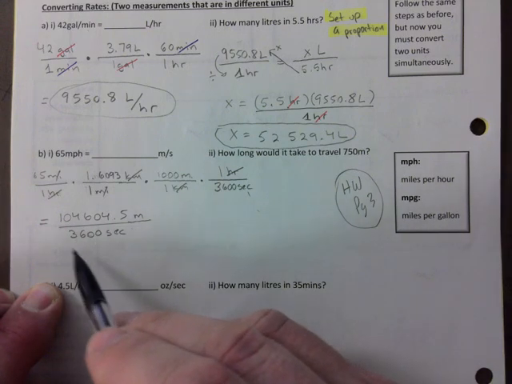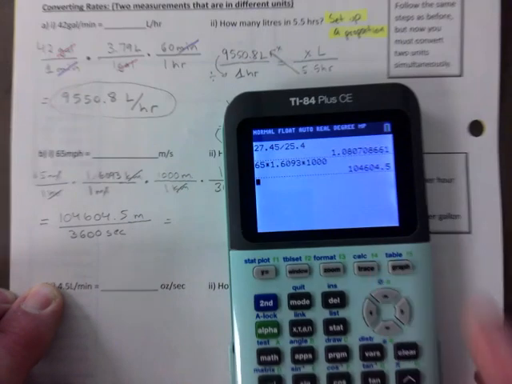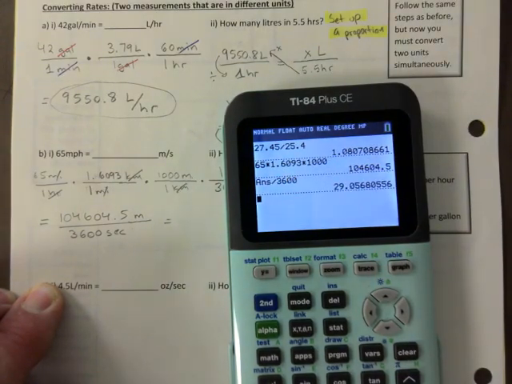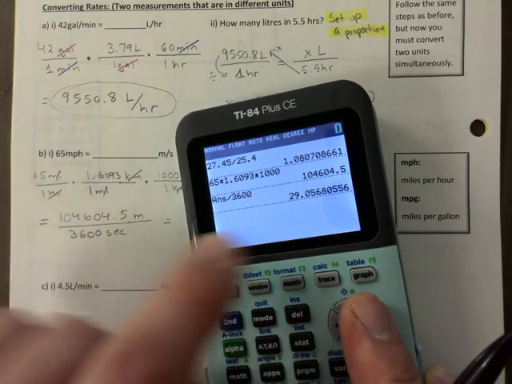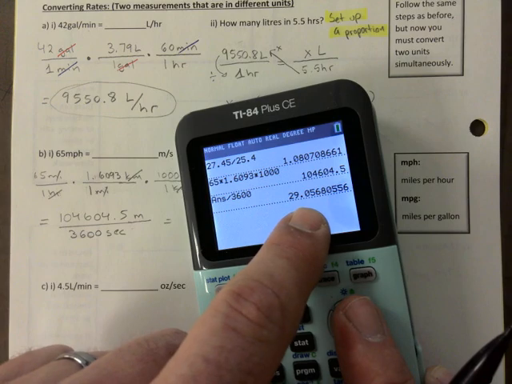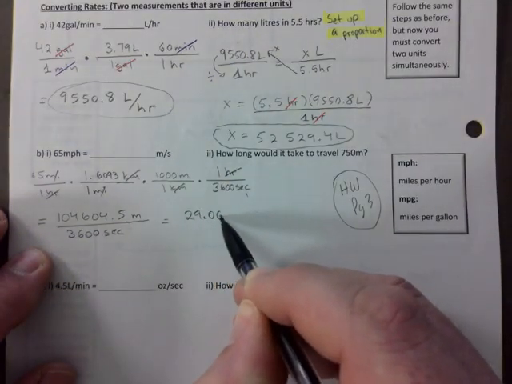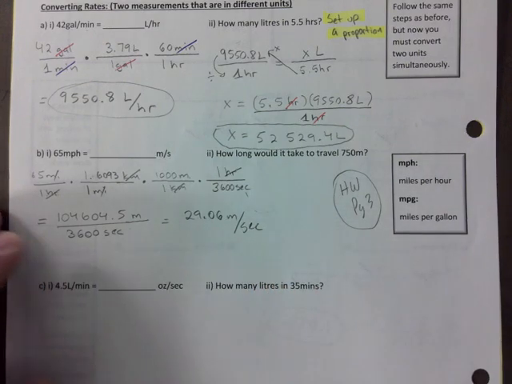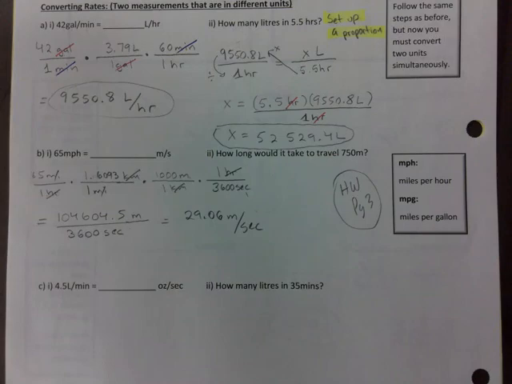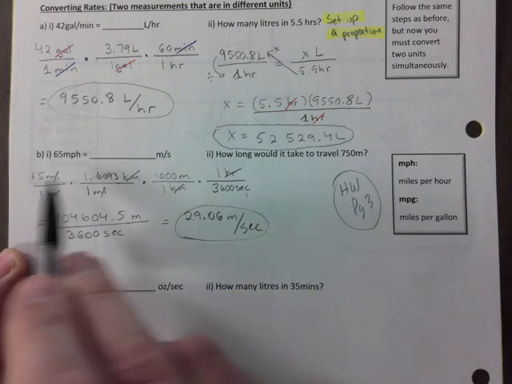You want a 1 down here, right? So dividing is the way to accomplish that. At this point, you'd round to 2 decimals, so 29.06 meters per second. That is your speed there. Hey, I got it right. So that's your answer for this conversion.